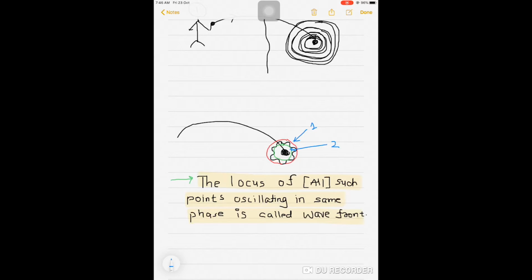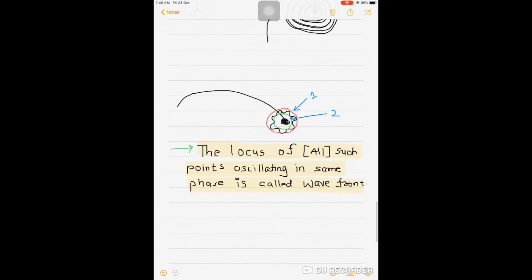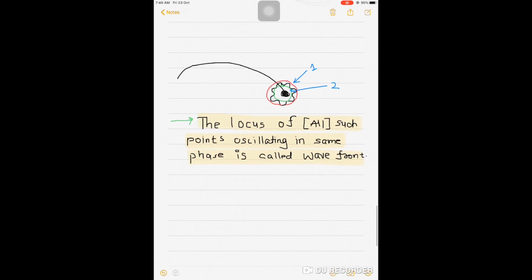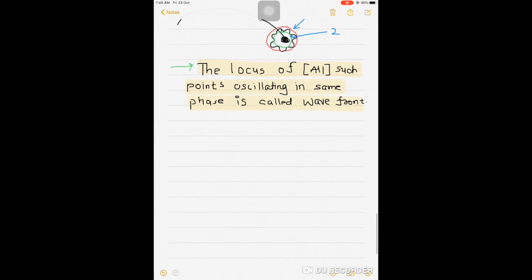In short, it can be defined as the continuous locus of all such particles of the medium which are vibrating in the same phase at any instant of time. So at any instant of time, if we consider, they are oscillating in the same phase.